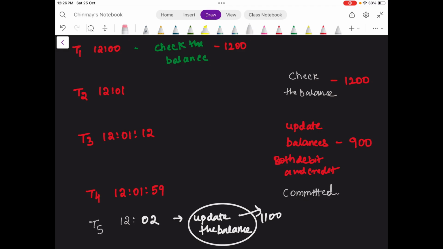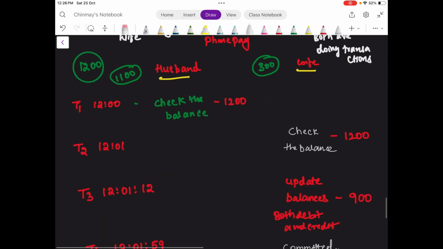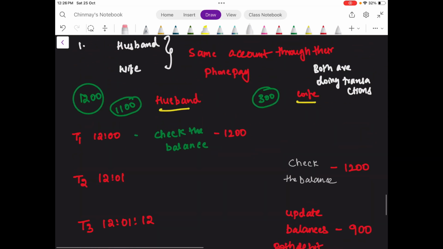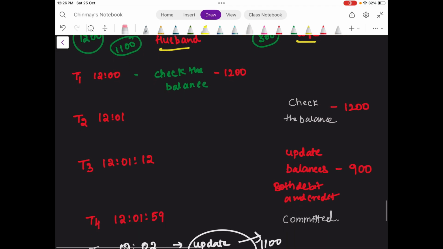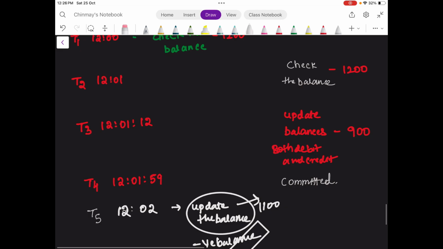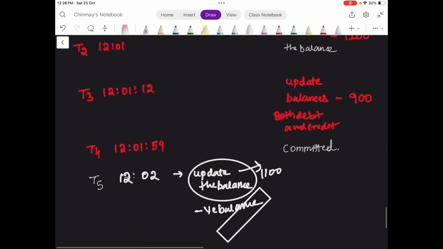What will happen? It goes into the negative balance, because his internet connection is slow. It takes 2 minutes to fetch the balance of 1200. In the meanwhile, the wife's transaction is already committed. So it goes to the negative balance.